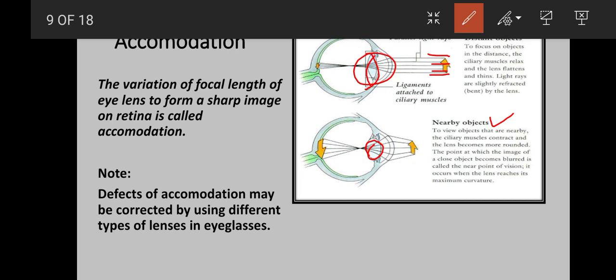It occurs when the lens reaches its maximum curvature, which means that to see close objects clearly, the lens has to get tensed. It becomes thick, the ciliary muscles become contracted, the lens becomes more thick, its focal length decreases, and a sharp image is made on the retina.